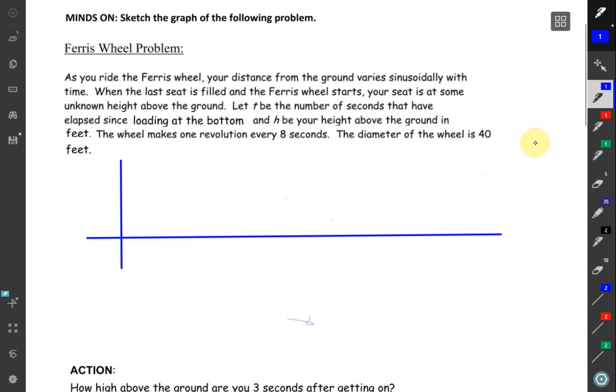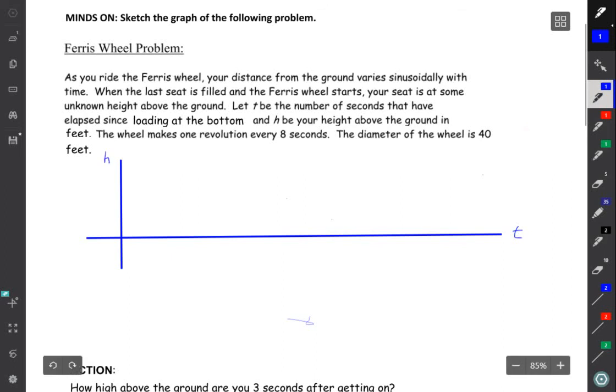As you ride a Ferris wheel, your distance from the ground varies sinusoidally with time. When the last seat is filled and the Ferris wheel starts, your seat is at some unknown height above the ground. So t is the number of seconds. I'm going to label my axis as t here, that you have elapsed since loading at the bottom, and h is your height above the ground in feet.